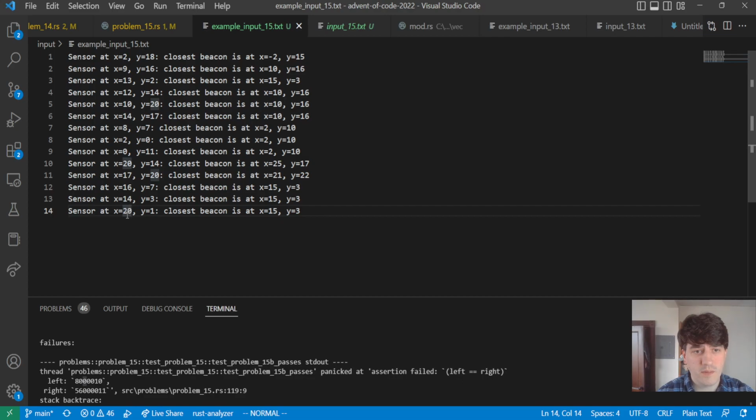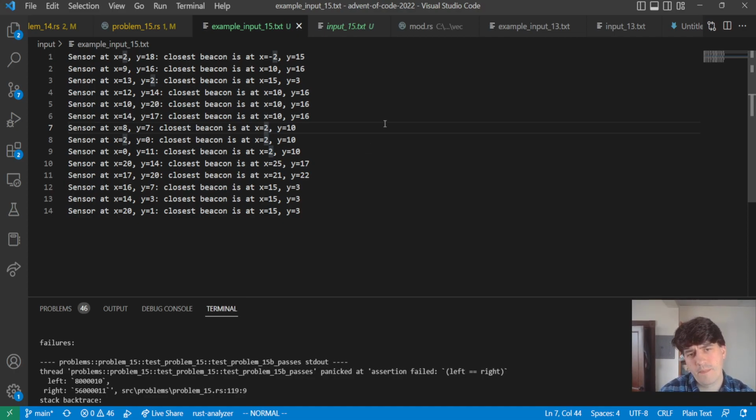There's at 20,1. 2,0. Oh, 2,10 is where it's getting at. There's 10, 20, and there's 21. And there's 20. But the beacons. Yeah, 2,10. There's a beacon.